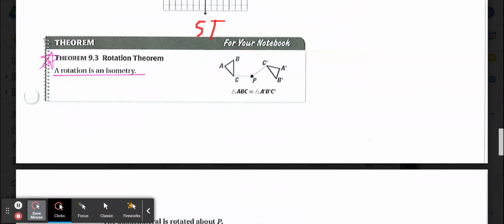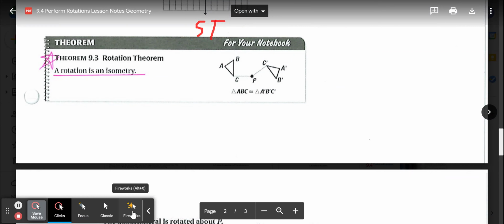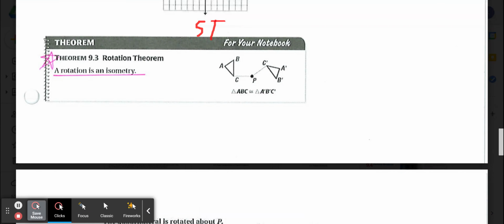So then we get to this concept here about rotation theorem. And our rotation theorem simply says that a rotation is an isometry, meaning if we're rotating ABC to A prime, B prime, C prime, they are still congruent triangles.